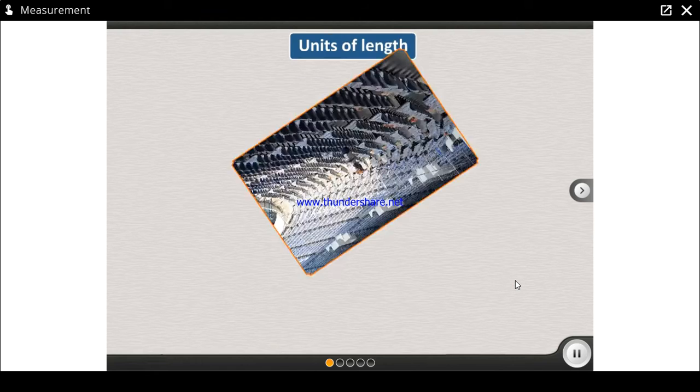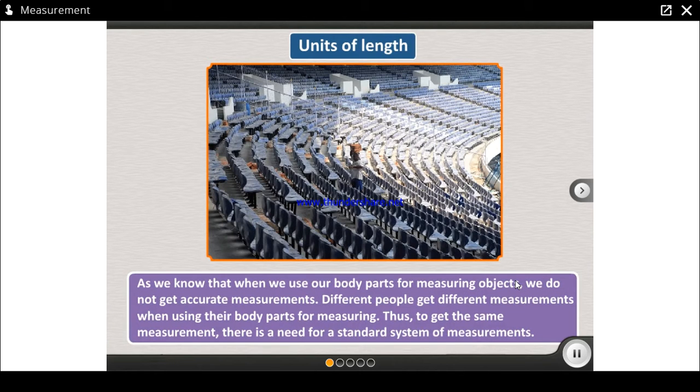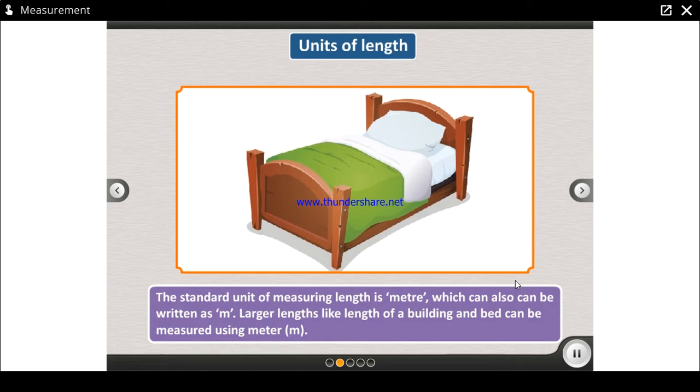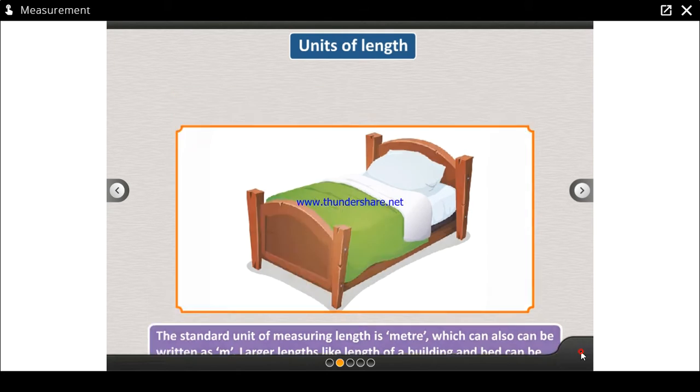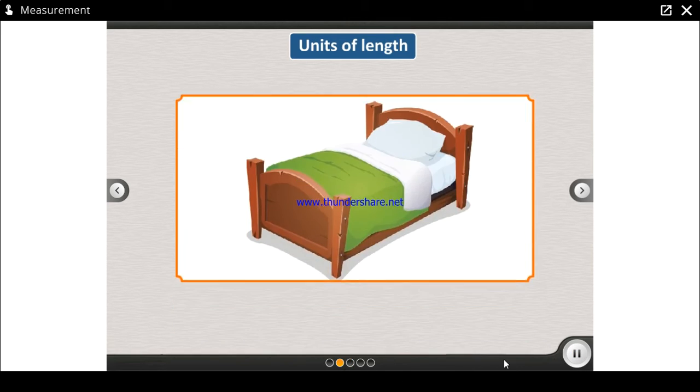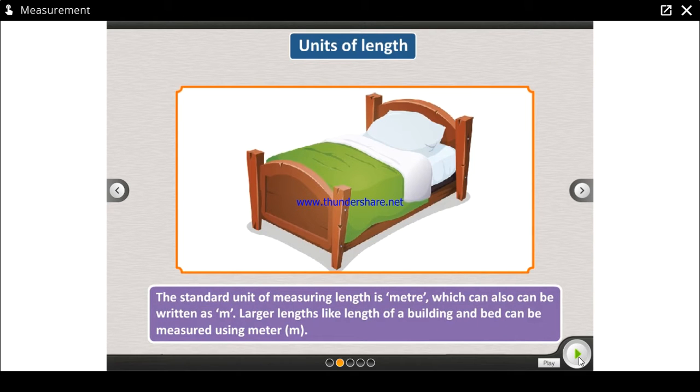Units of length. The standard unit of measuring length is meter, which can be written as m.